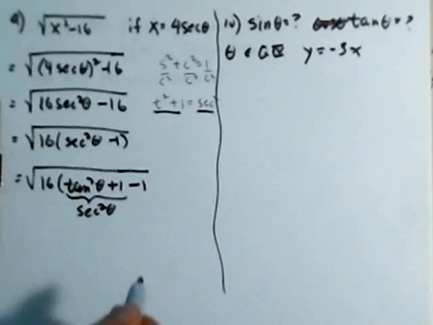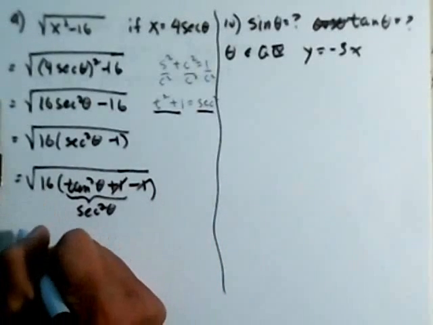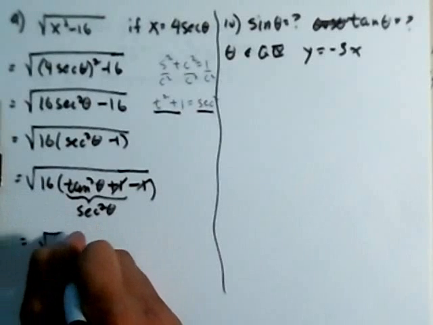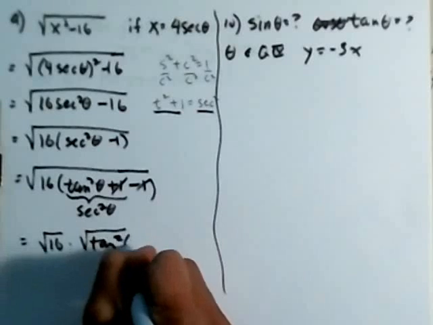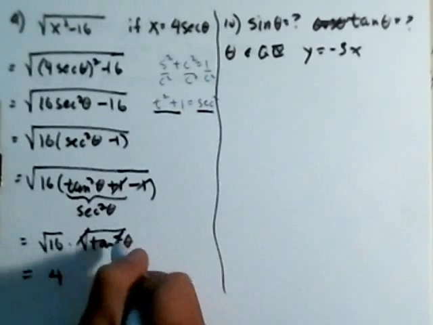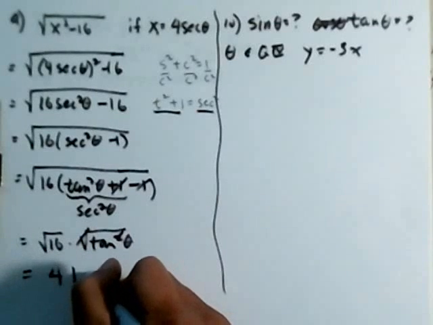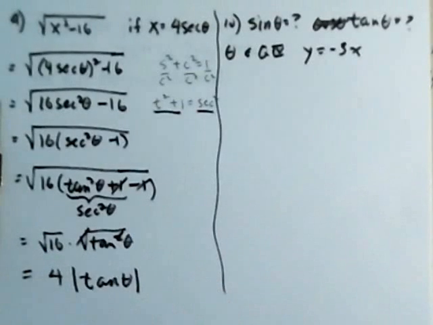So that you can visualize that a little bit further, the 1's going to cancel. You end with square root of 16 times the square root of tangent squared of theta. Square root of 16 is 4, and the square and the square root cancel. And most of you should know that becomes the tangent of theta, and the absolute value of that.